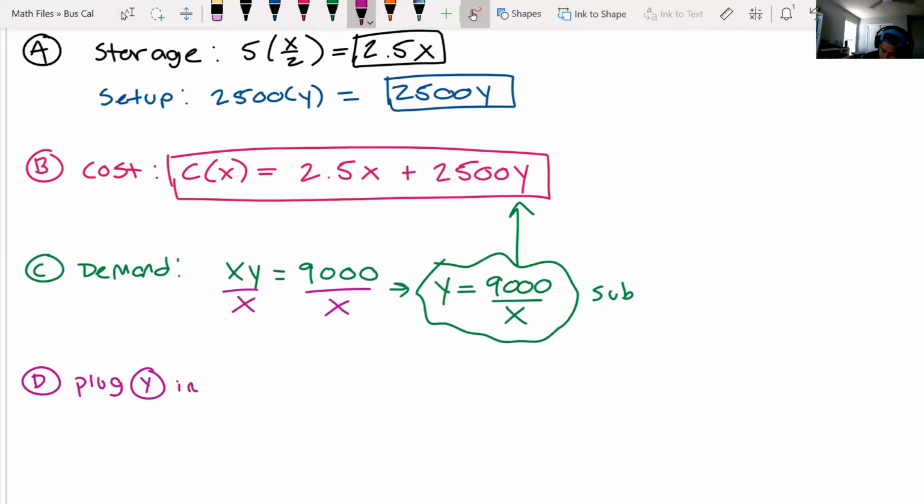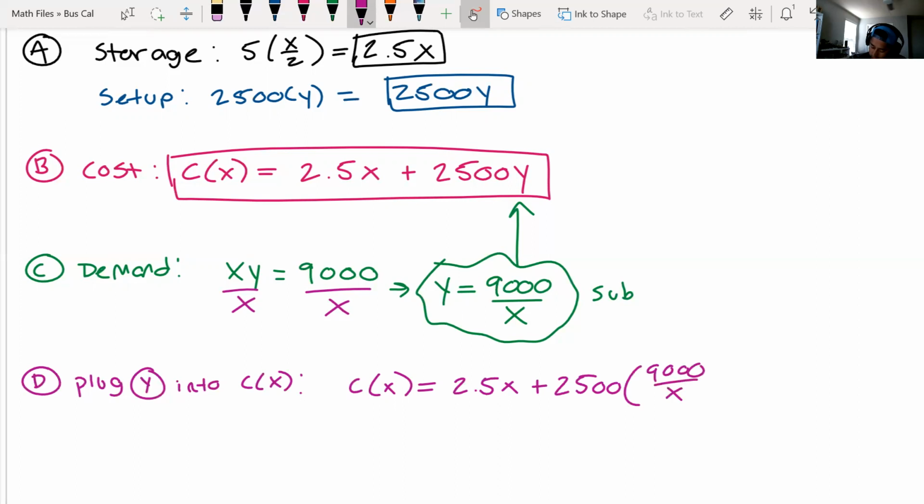Plug Y into C of X. So C of X is going to be 2.5x plus 2,500 times 9,000 over X. Simplify, and you get 2.5x plus 2,500 times 9,000, which is 22,500,000 x to the negative 1.